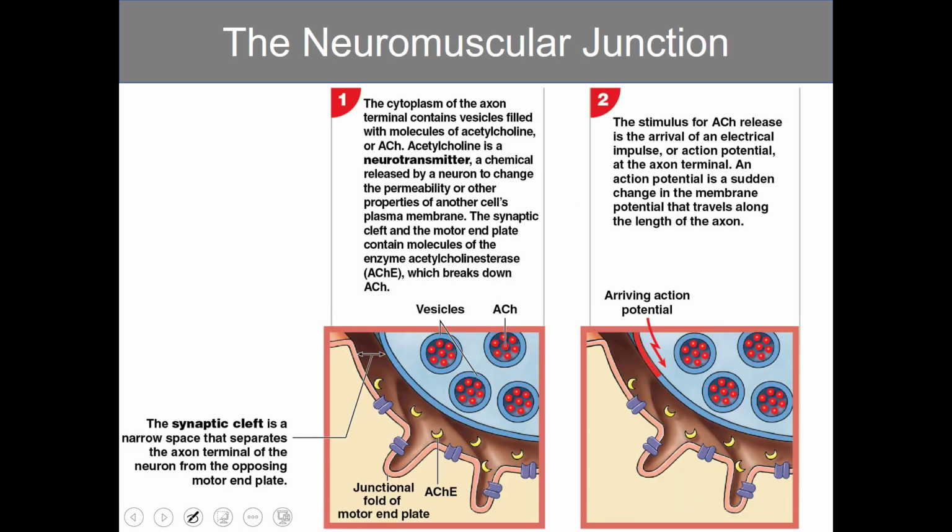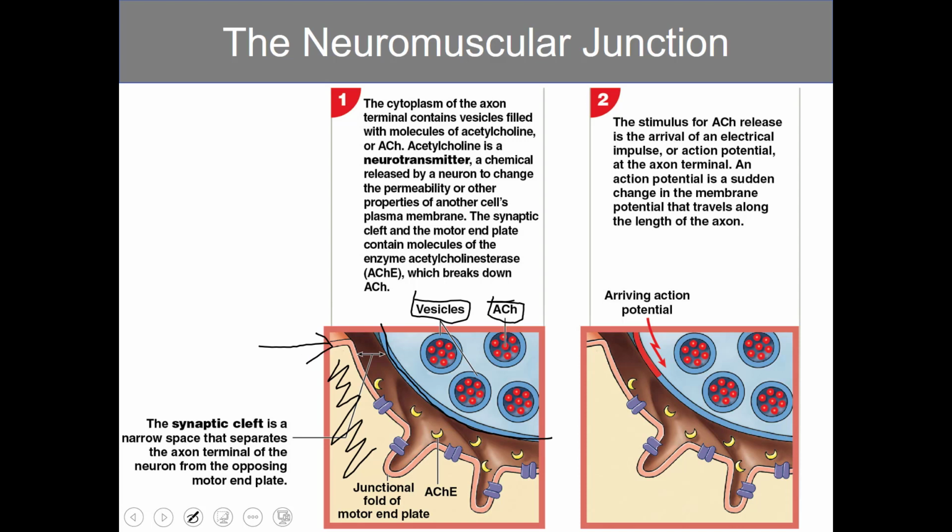So let's look at some images. Sometimes it's easier to visualize. What we have here in this figure is the synaptic terminal down here in blue. Within this synaptic terminal, we have vesicles that are filled with acetylcholine molecules, these little red spheres. The muscle is located here, and likely so, we would expect the sarcolemma to be right here.